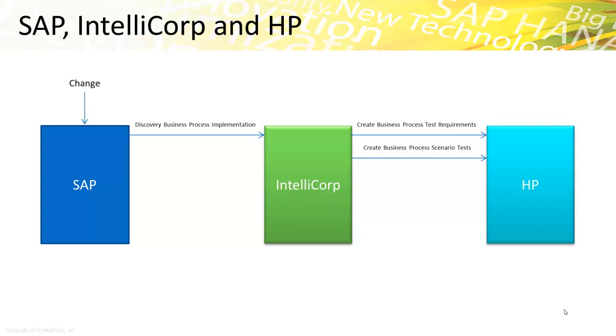We've introduced change into SAP and used LiveCompare's unique intelligent change impact analysis capabilities to identify the most at-risk transactions that we should test. LiveCompare scanned our HP repository to discover the test assets that are available, as well as identifying any gaps. And then we constructed a test lab based on those identified and matched test assets.